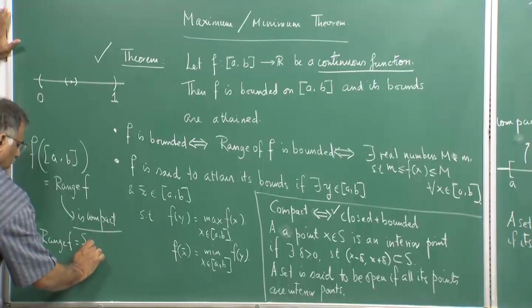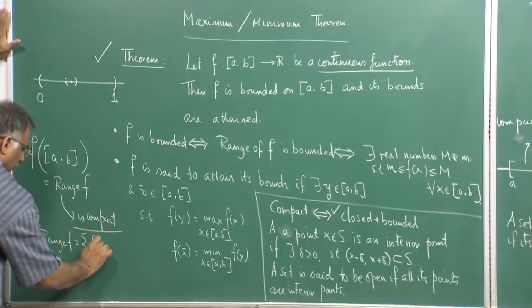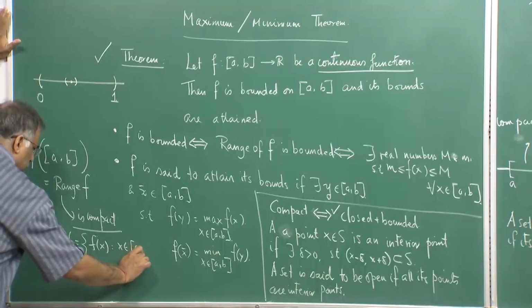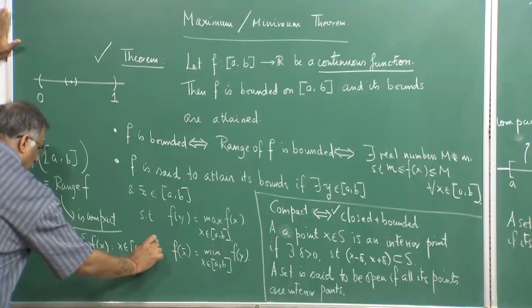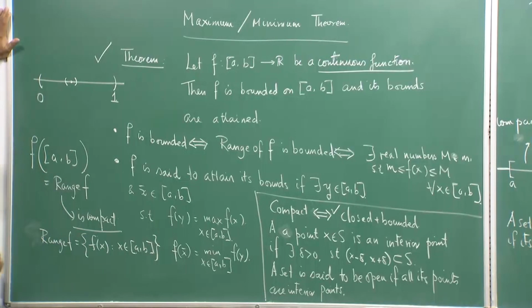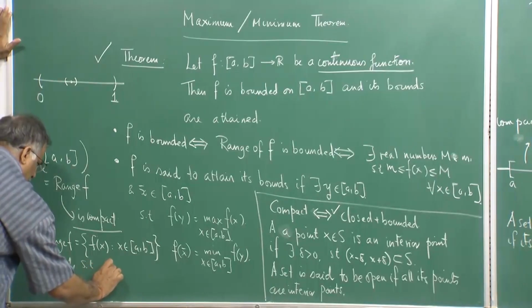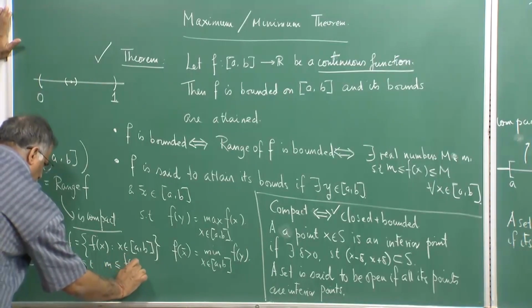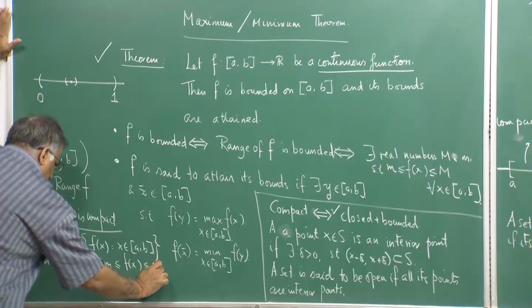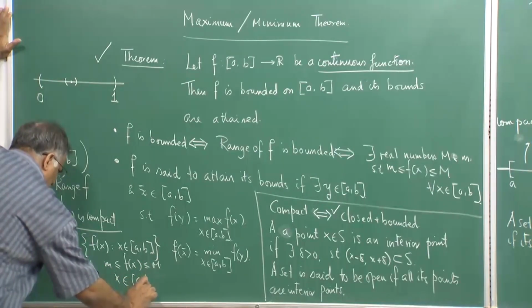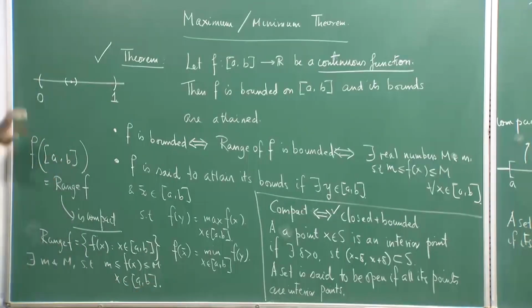A set of all f of x where x belongs to [a, b]. Now, what is the meaning of this being bounded? That there exist small m and capital M such that f of x lies between these two numbers when x is in the interval [a, b]. That's a key idea.